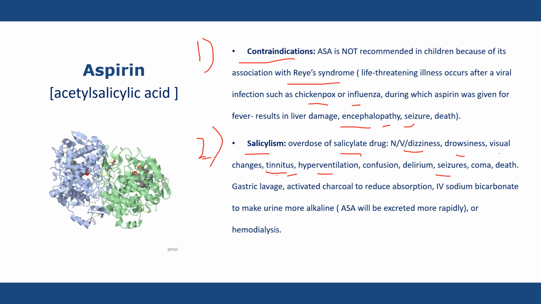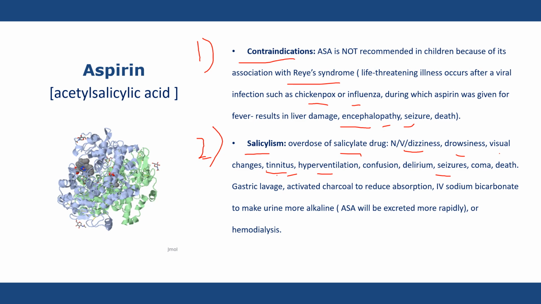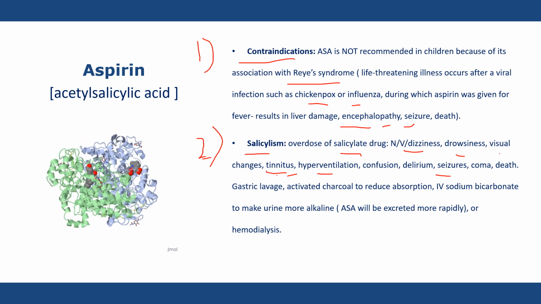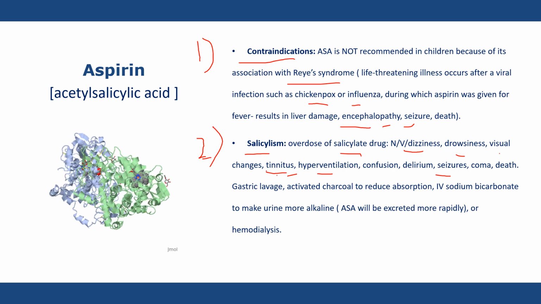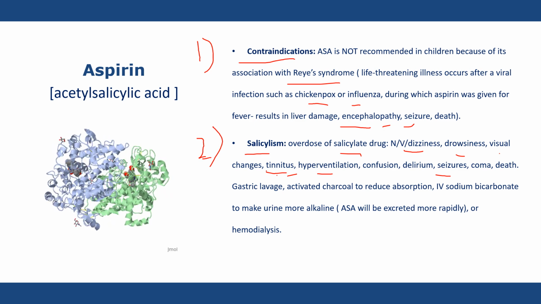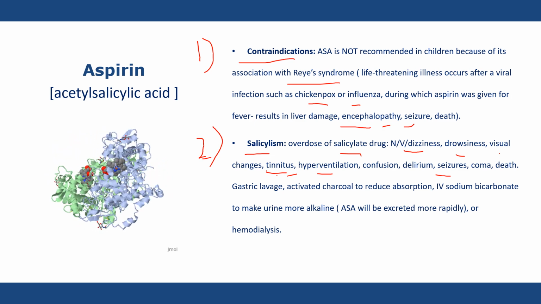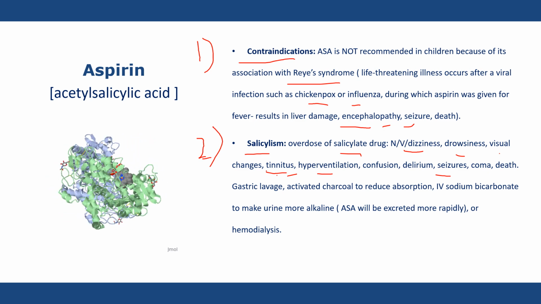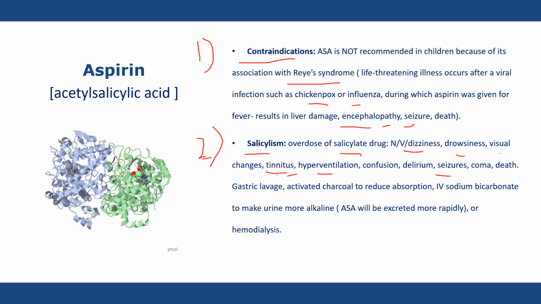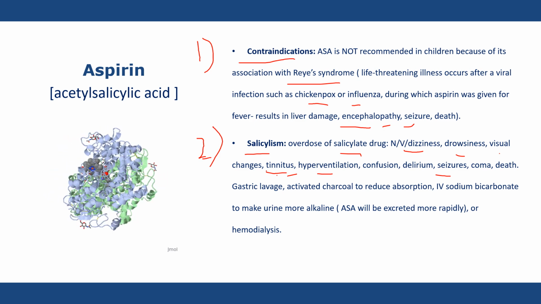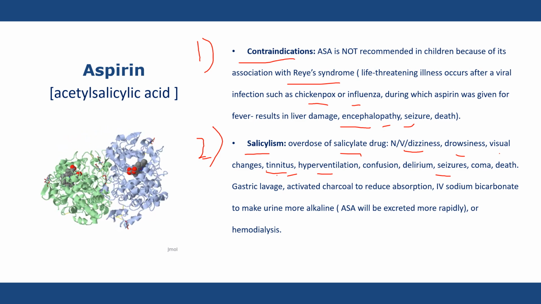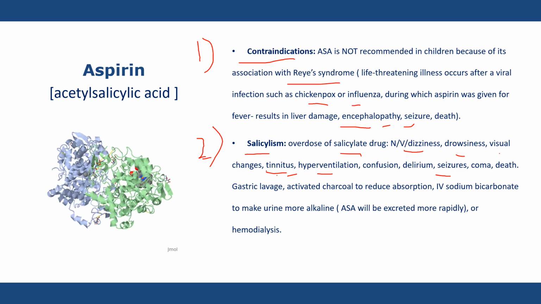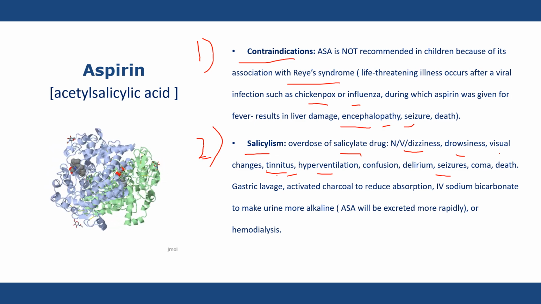When you have a client, especially in the ER, again, observe, keep an eye, and decide the need for gastric lavage, just like we talked about with acetaminophen. Not every patient is going to get that treatment. Sometimes patients are stable and we can just keep an eye on them, but do the lab work and then plus or minus activated charcoal, IV sodium bicarbonate to make their urine more alkaline.